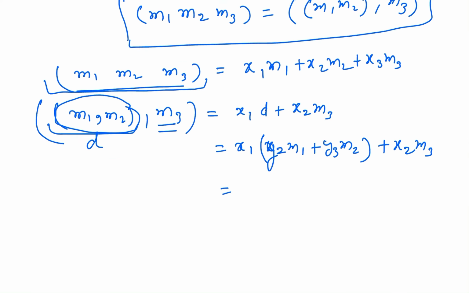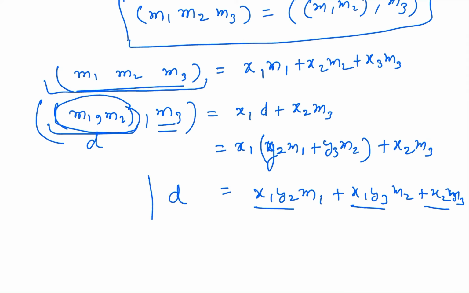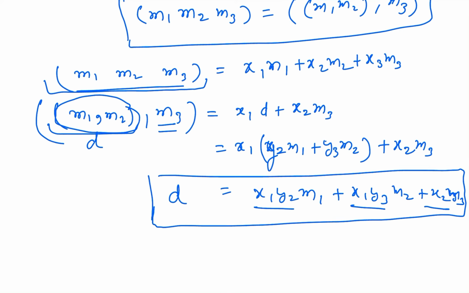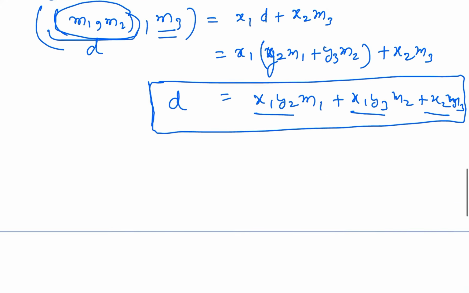So we open this bracket: x1 y2 into M1 plus x1 y3 M2 plus x2 M3. That means it is a linear combination of M1, M2 and M3. Hence D can be written as a linear combination of M1, M2 and M3. We have proved it for three integers.